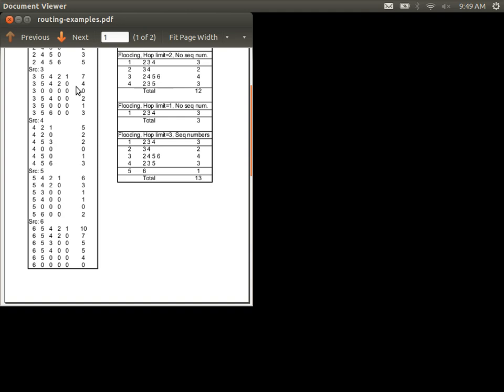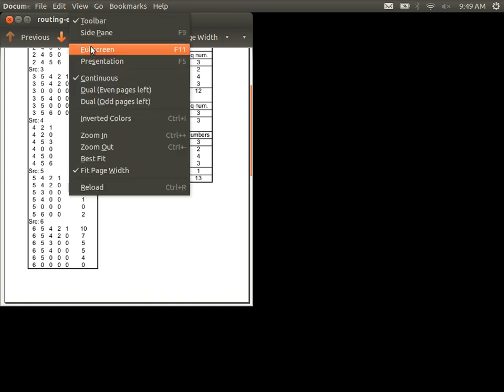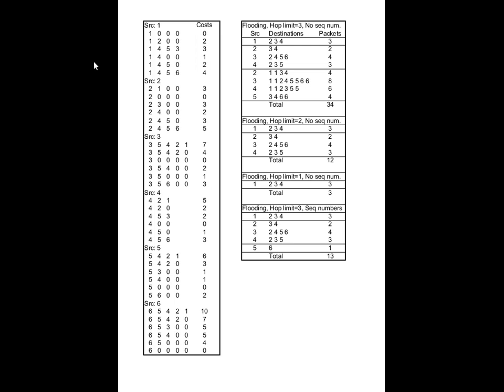On this handout, on the right-hand side, I'm going to record some of this information on the board. So we're going through this case here. We're using flooding, a hop limit of 3 and no sequence number. What I'm going to show is who sends the node, who they send it to, the destinations, and the number of packets they send. So I'll record it on the board.